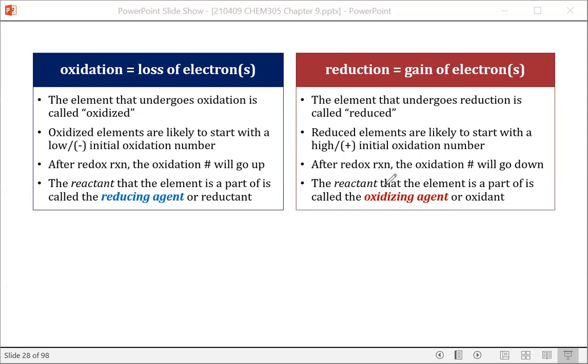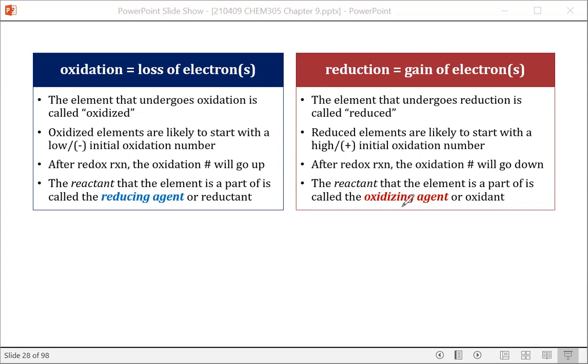So the reactant, the compound that the element that was reduced is a part of, is called the oxidizing agent, or sometimes the oxidant, because it facilitated the oxidation of whatever other element was oxidized. It kind of helped oxidation happen because it accepted the electrons. And the reducing agent kind of helped reduction happen because it donated electrons, it lost electrons.